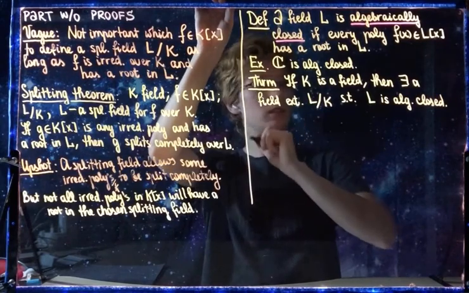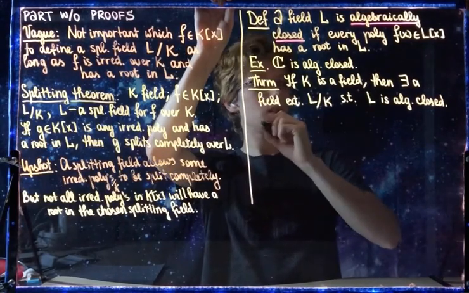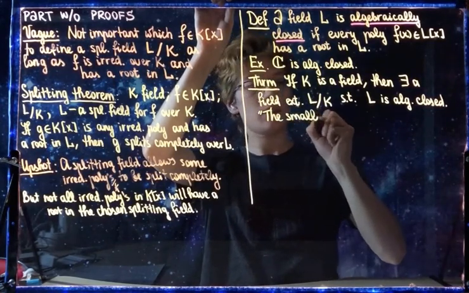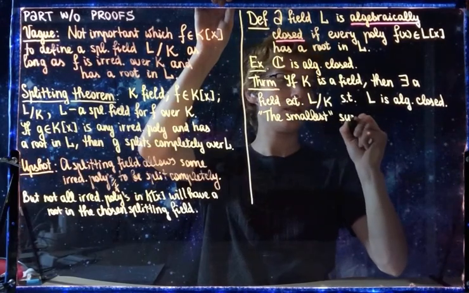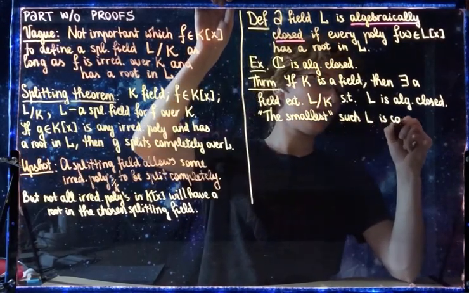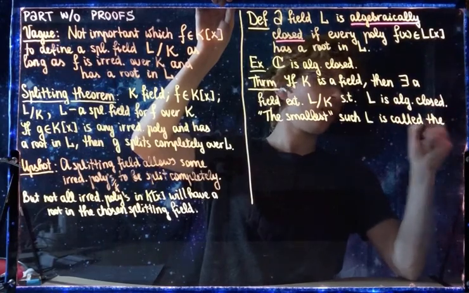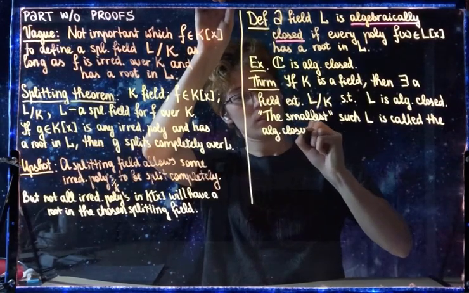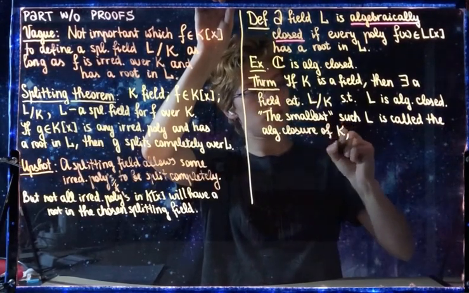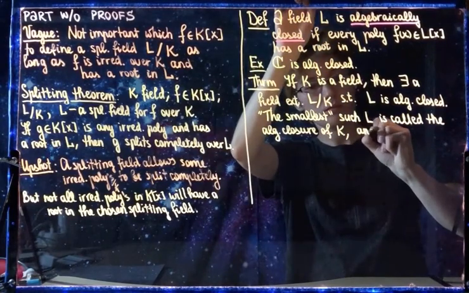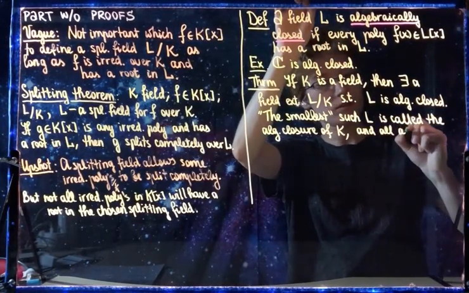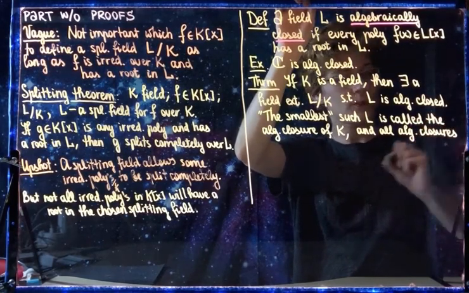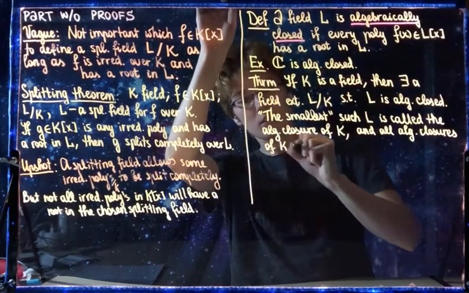And then the smallest such L is called the algebraic closure of K. And all algebraic closures of a fixed field are isomorphic.